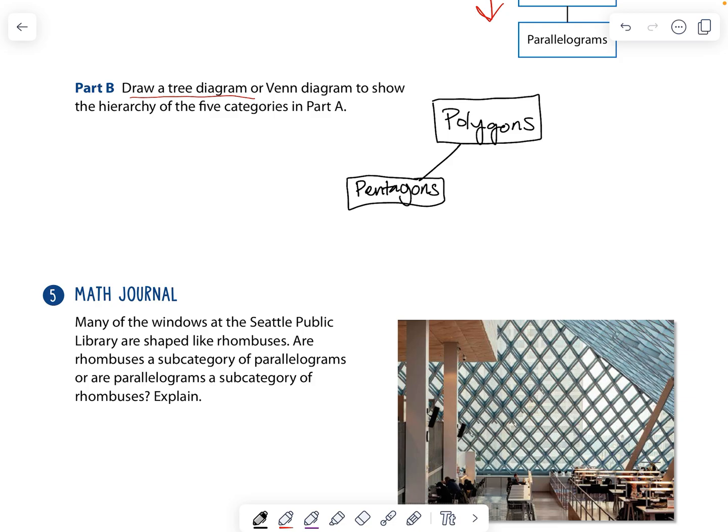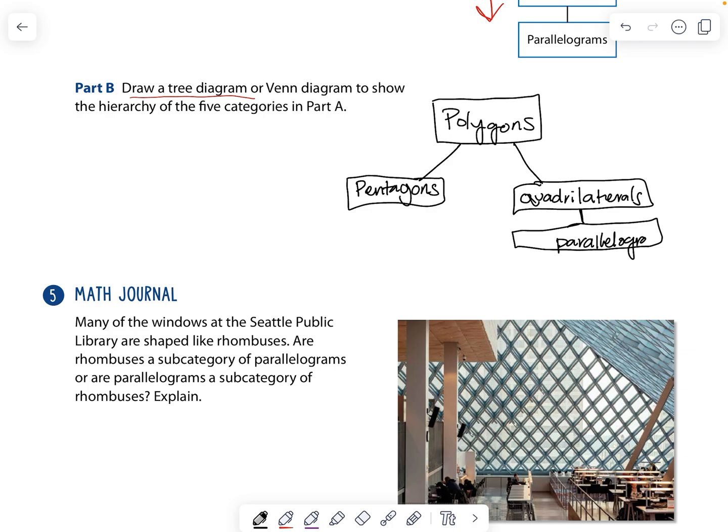And then quadrilaterals have 4 sides, which this is just a struggle today. Okay, and then we continue with that. So parallelograms, because pentagons have 5 sides, they cannot be a parallelogram. It goes under quadrilaterals. And same with rectangles.